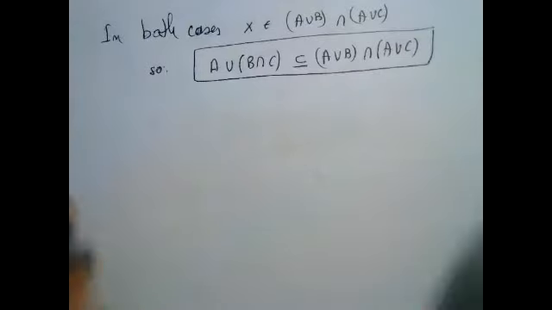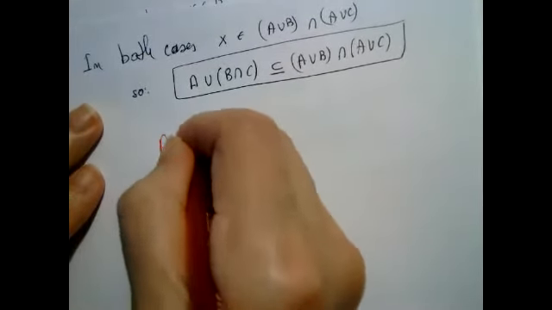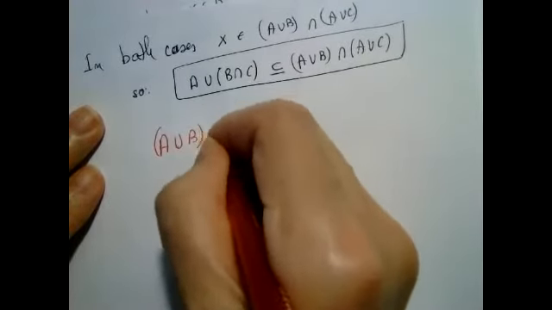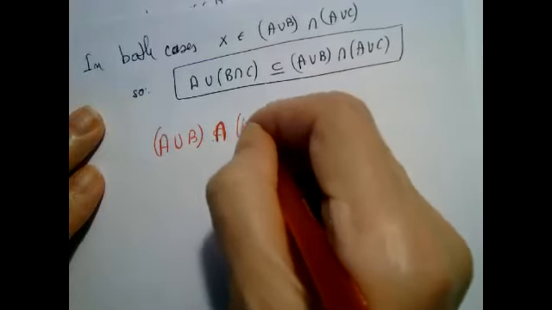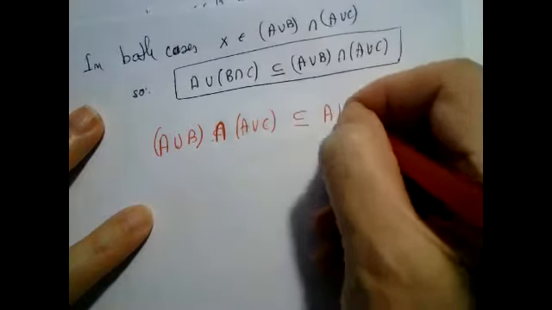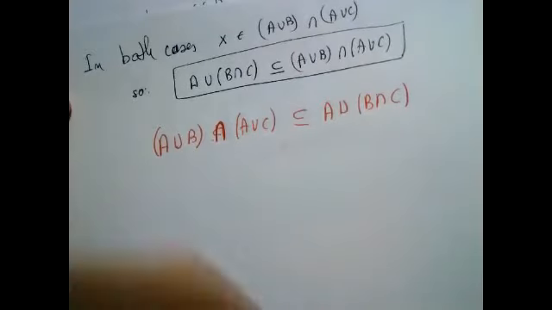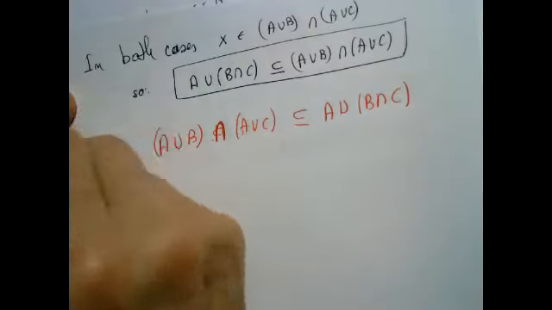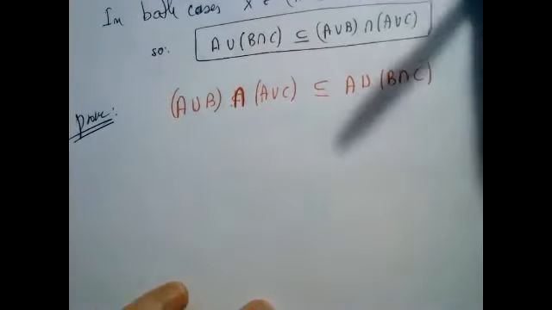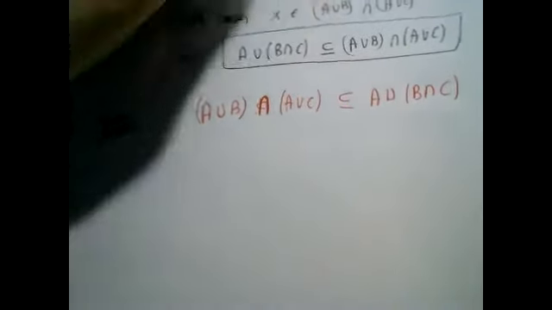Now the second one. Now we want to prove the following, which is slightly harder, that A union B intersect A union C is a subset of A union B intersect C. So let's see how we are going to do this.